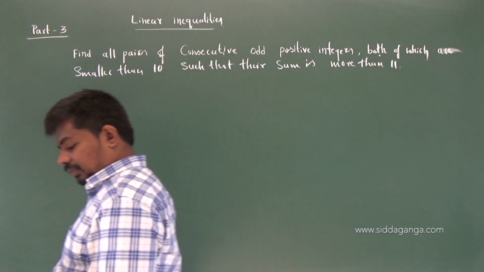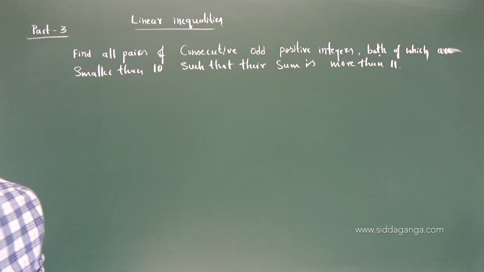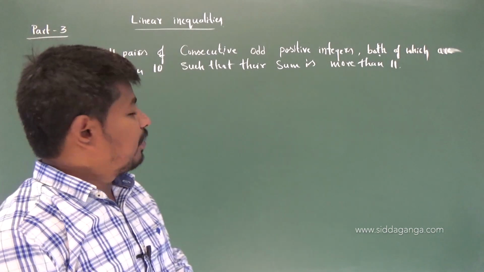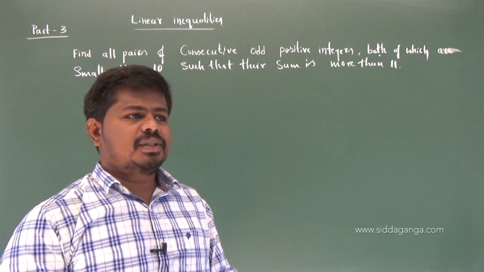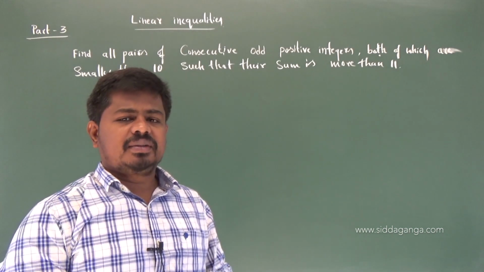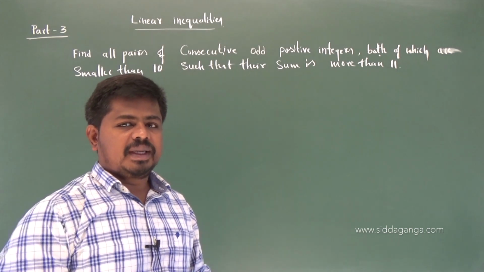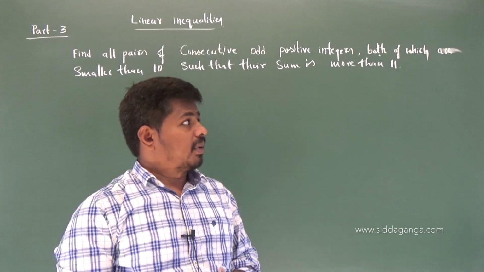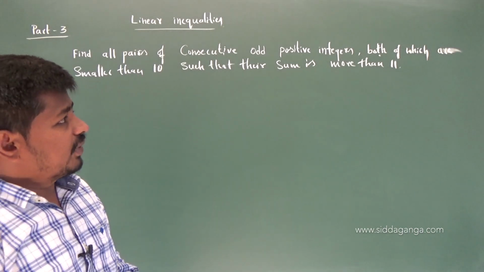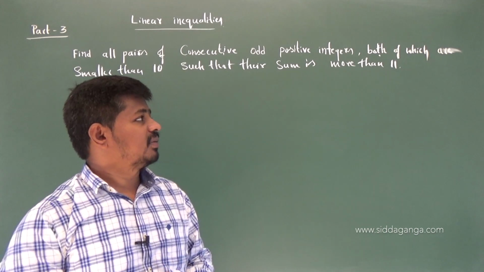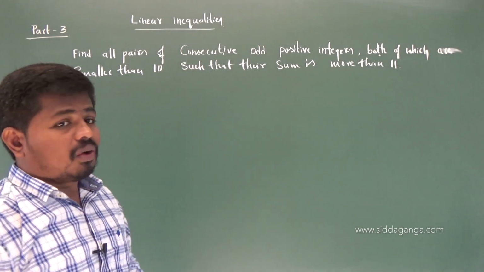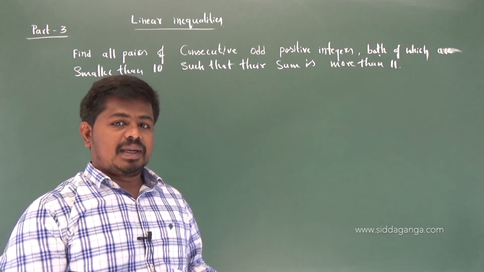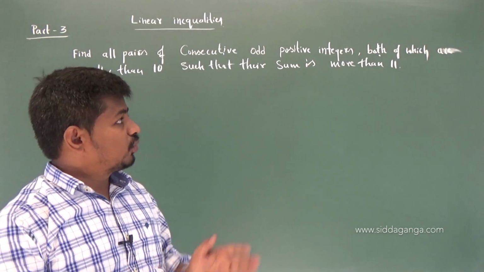So this is the question. You have to find pairs of consecutive odd integers, in the sense odd integers like 3, 5; 5, 7; 7, 9; 9, 11 and so on. These we call consecutive odd positive integers. We have to find pairs of such numbers such that they are less than 10, and the sum of those two must be more than 11.